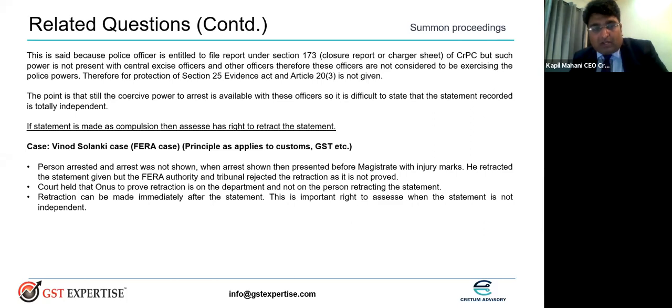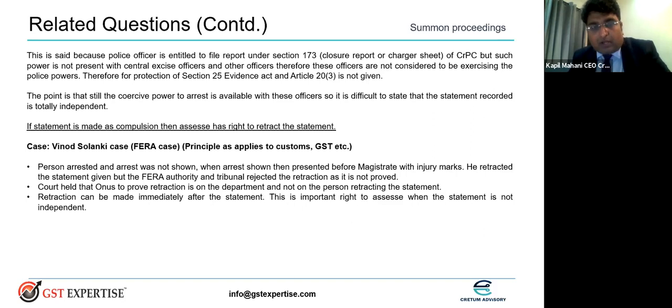Then the Supreme Court held that the onus to prove the retraction is not on the person retracting the statement, but on the department. So it is the department that has to prove that the statement was correct and that the person recalling the statement is not correct.